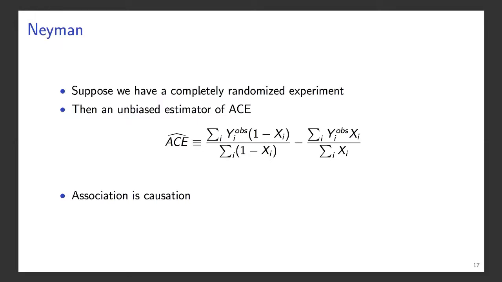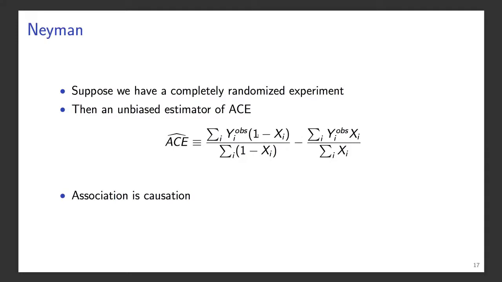was one of the first to write down the potential outcomes in this way, and he was starting to think about these problems. He proposed this estimator of the average causal effect, and it is exactly the estimator you'd think to construct. It's just a difference in sample means. We take the average of the observed responses for those assigned control and compare that to the average of the observed responses for the treated individuals.